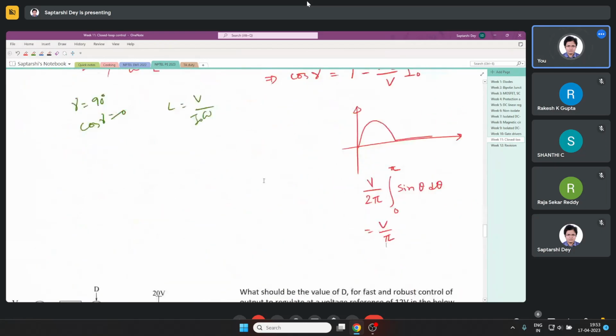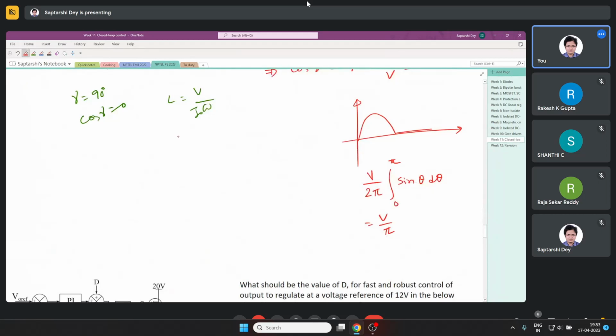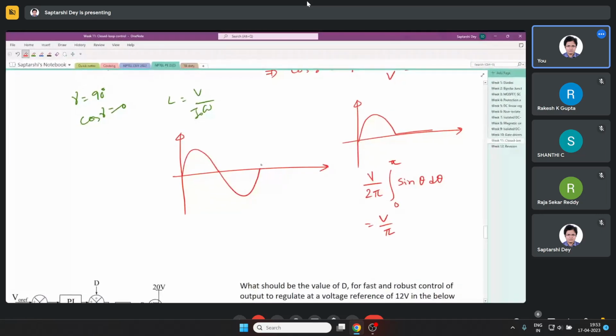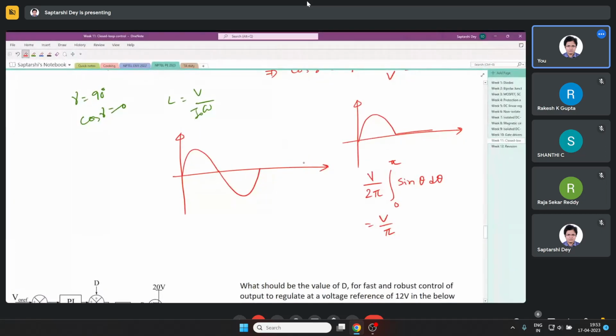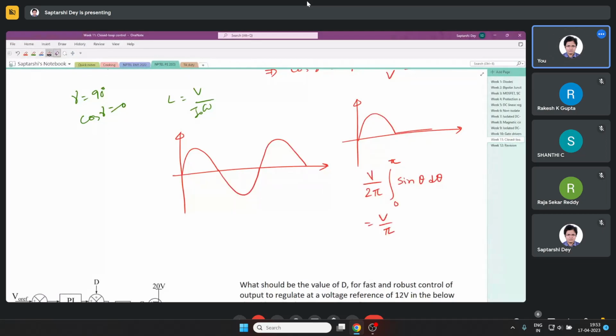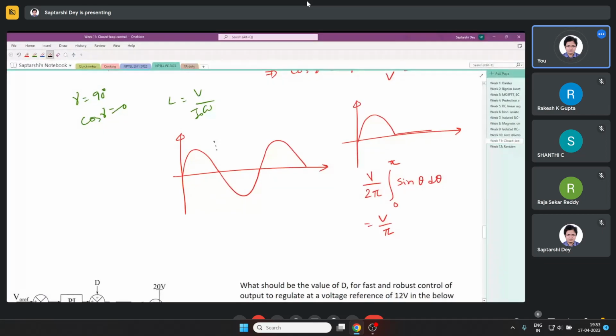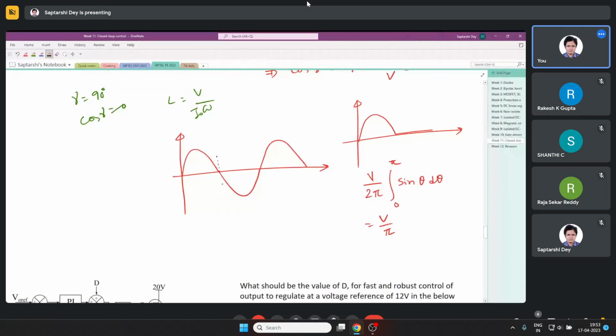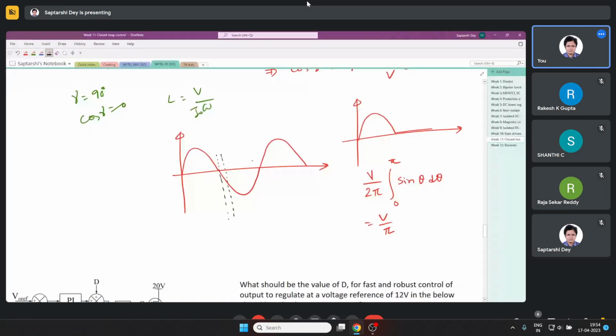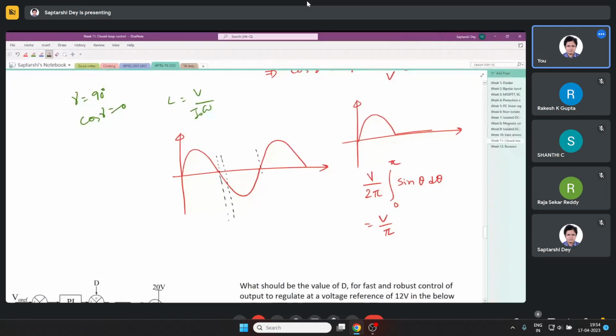Let me draw it once again. I'll draw it over this. Now we have a conduction, we have a commutation zone here. Here there is a commutation, here there is a commutation.